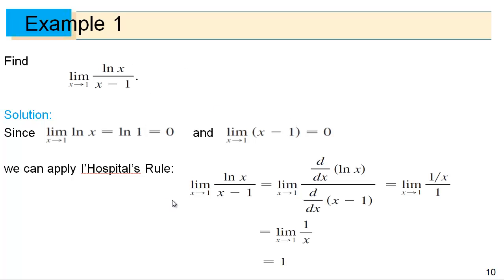When we apply L'Hopital's rule, we take the derivative of top and bottom. The derivative of the top is 1 over x. The derivative of the bottom is just 1. So now we have the limit as x approaches 1 of 1 over x over 1, which is just 1 over x. We go back to our first step, which is always just plug the number in. And when you plug the number in, you get 1 over 1, which is 1. And that tells us that the original function also has a limit of 1 as x approaches 1.